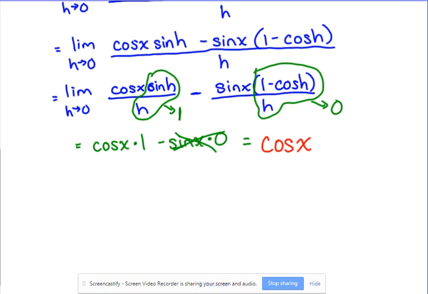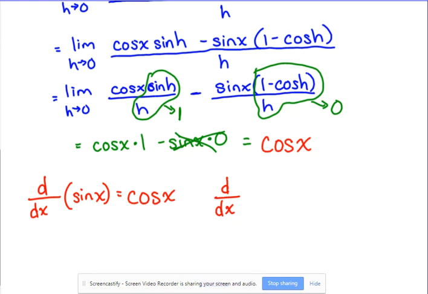So d over dx of sine of x is equal to cosine of x. I'm not going to go through deriving the derivative of cosine, but it's a similar process. Its derivative is negative sine of x.